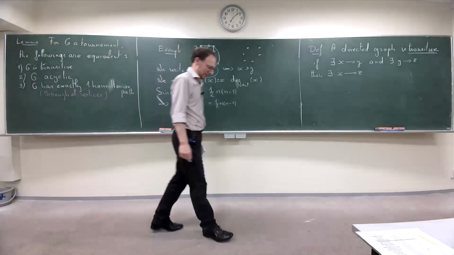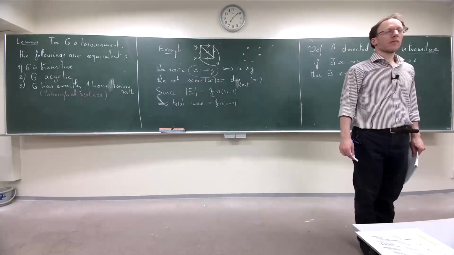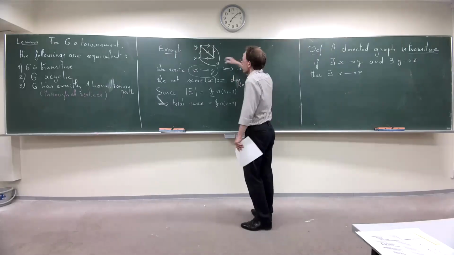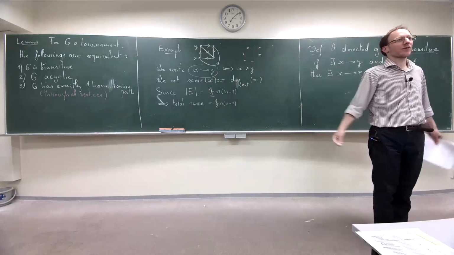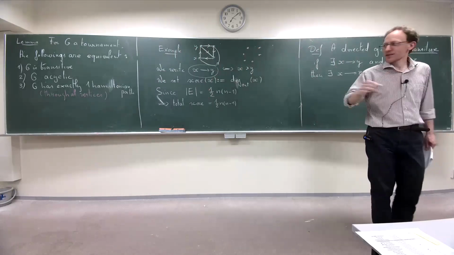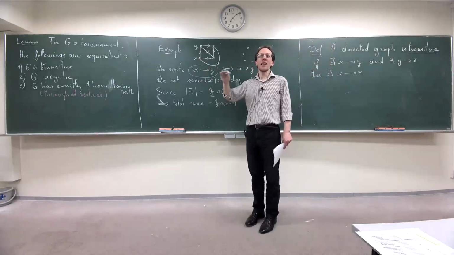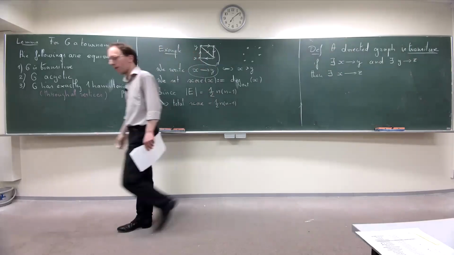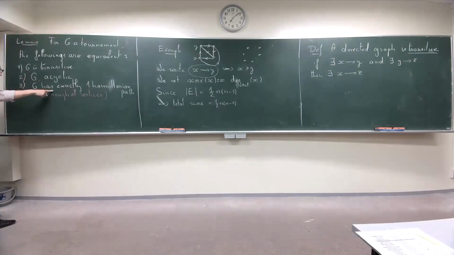Somebody is saying that not all graphs are transitive. I perfectly agree with you. Not all graphs are transitive. I'm just saying a tournament is transitive if and only if these equivalent conditions hold. I'm not saying that all tournaments are transitive. Not at all. So it's transitive if and only if it is acyclic, if and only if it has exactly one Hamiltonian path.